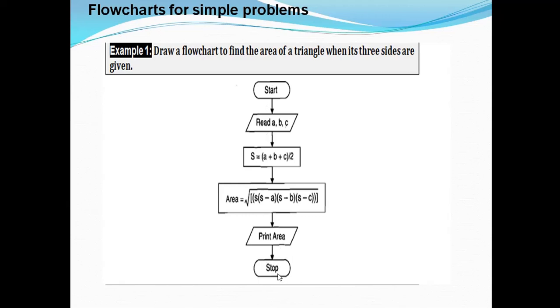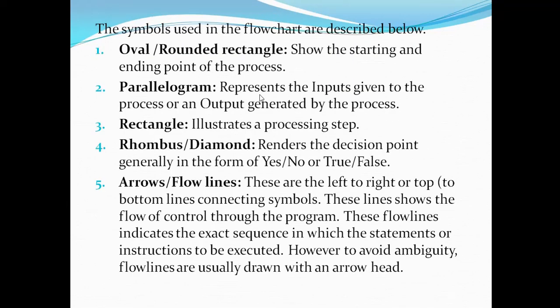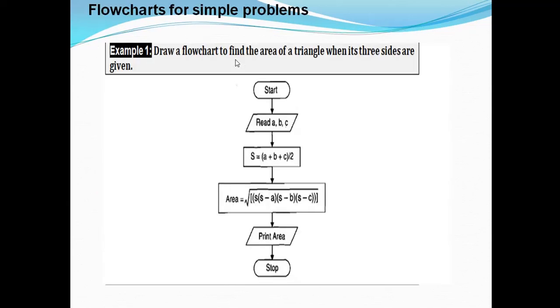These are called ovals, or rounded rectangles. Sometimes we write it as an oval or sometimes as a rounded rectangle.